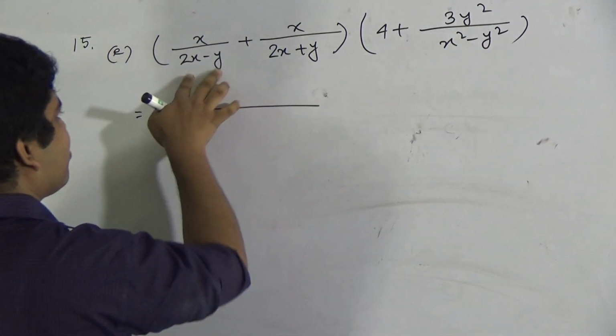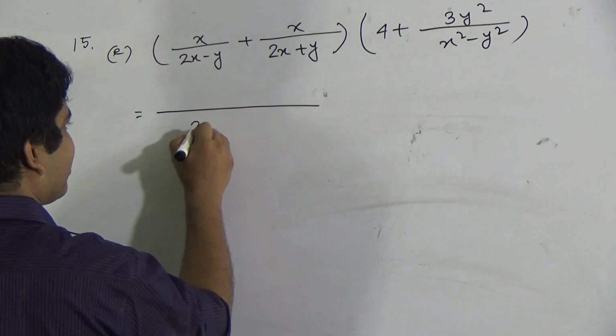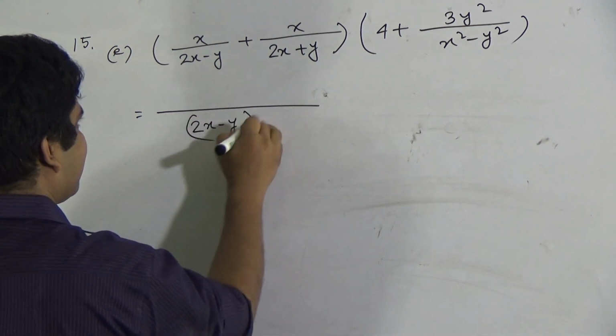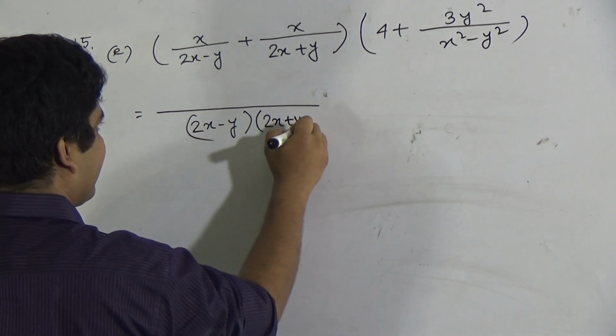Here for both fractions the LCM is twice x minus y into twice x plus y.